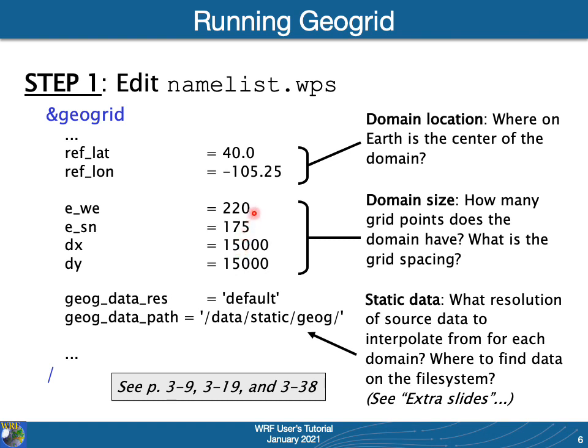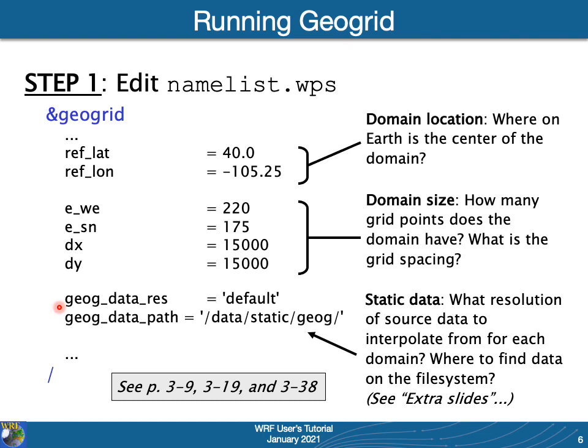We can then specify that our domain has 220 velocity-staggered points in the west-east direction and 175 velocity-staggered points in the south-north direction. So we can estimate the expanse of our domain by multiplying the number of points times the spacing between them in both the west-east and south-north directions. Although we have different parameters for the delta x and delta y values, we generally always set these the same.